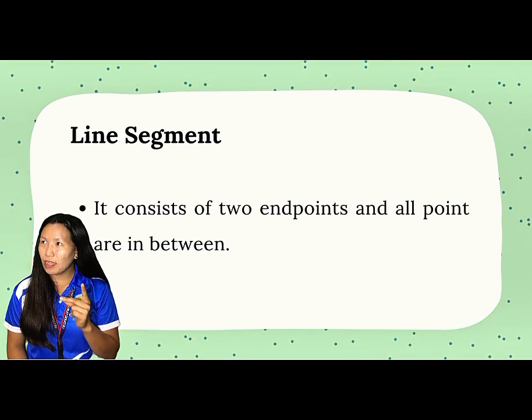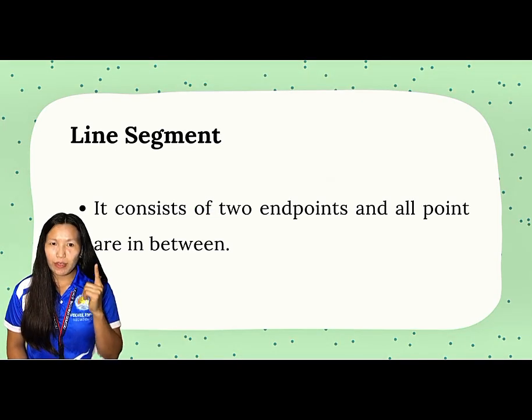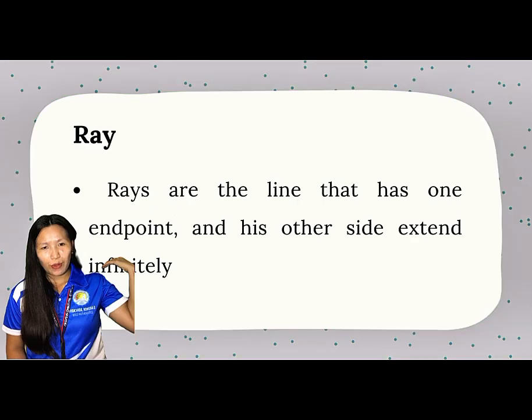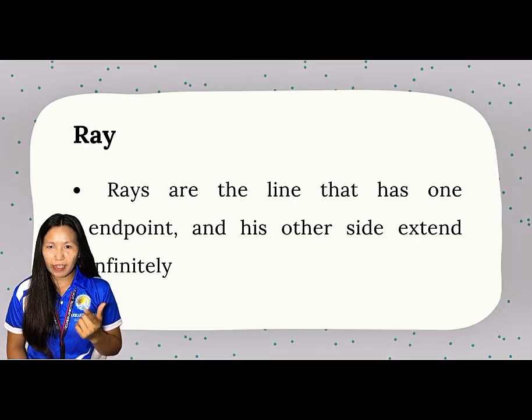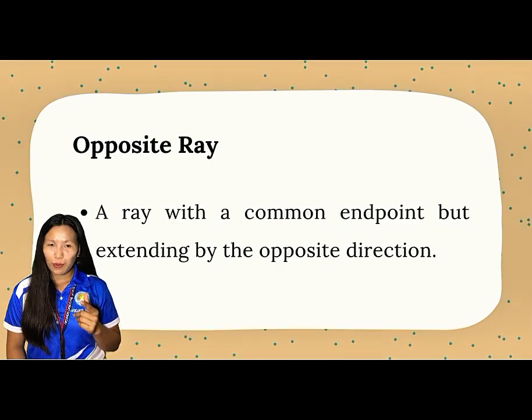When we say line segment, it consists of two endpoints and all points in between. When we say ray, it is the line that has one endpoint and the other side extends infinitely. When we say opposite rays, they are rays with a common endpoint but extended in opposite directions.